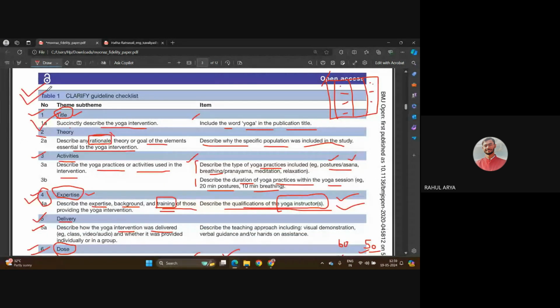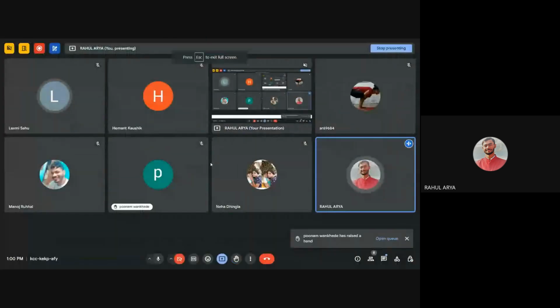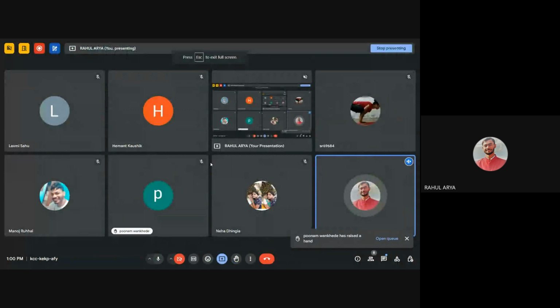It will give you direction on how you have to plan properly, systematically. If you did not follow or you have less content, you will face too much problem in the publication. Now, you can ask any question if you have any related to the CLARIFY checklist.